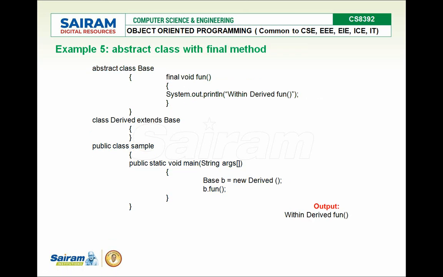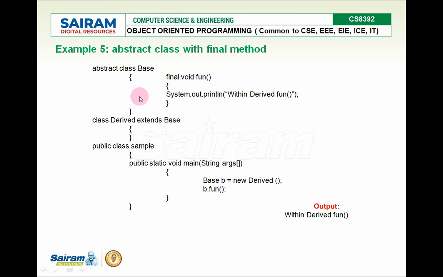And next example, abstract class with final method. So we have to say what final is. If you put a method as final, the method is never overridden, or you cannot change the definition of the method in the subclass. That is what final means. So a final method is not an abstract method.